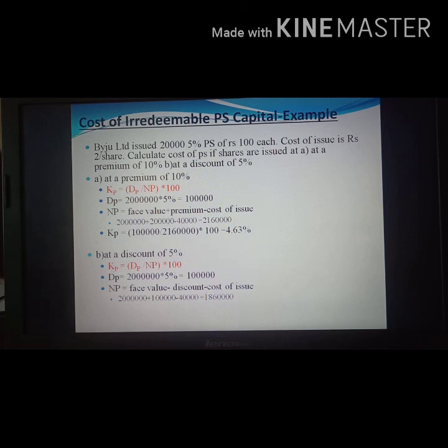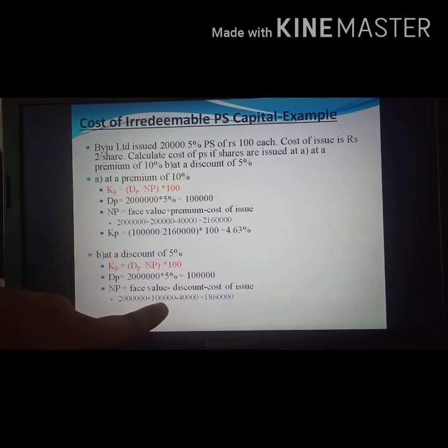I will repeat it once again, as there is a slight mistake here. The face value is 20 lakh, minus 1 lakh as the discount, because the discount is 5% and 5% of the face value 20 lakh is 1 lakh. So 20 lakh minus 1 lakh minus the cost of issue, that is rupees 2 per share.